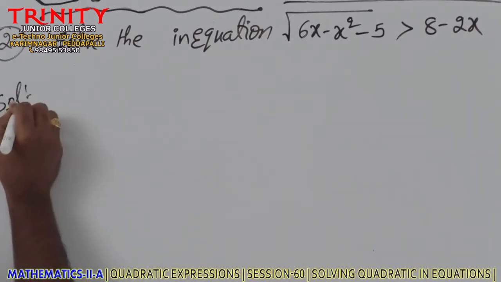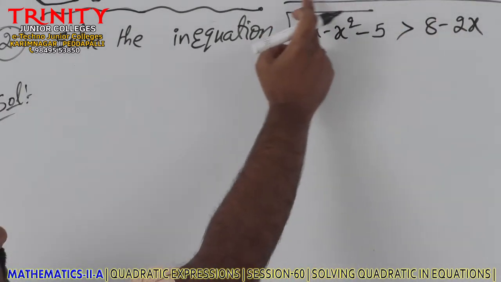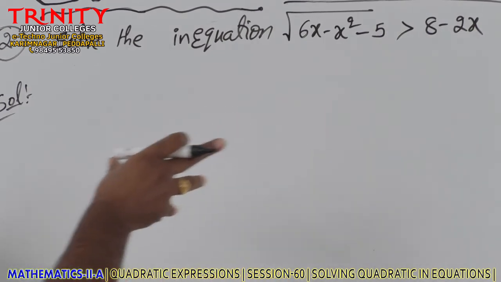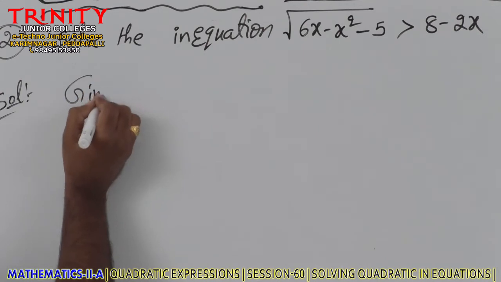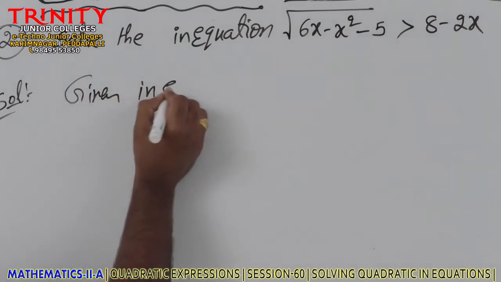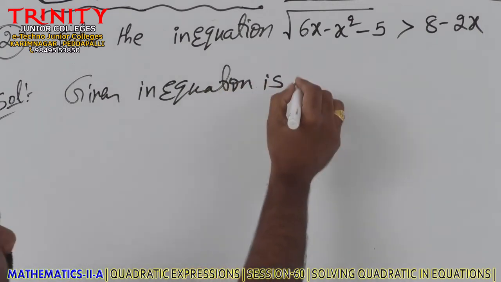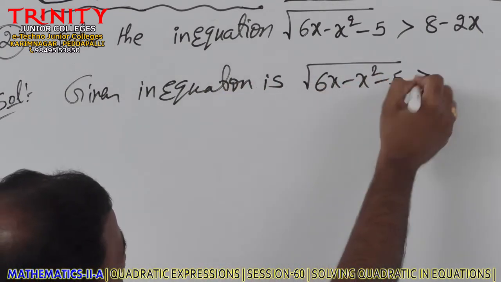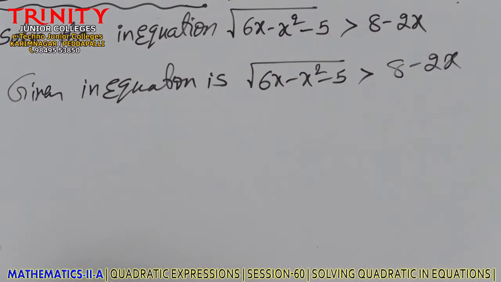Solution. First, is this inequation defined? The root of 6x minus x square minus 5 must be greater than or equal to 0 or not. The given inequation is root of 6x minus x square minus 5 is greater than 8 minus 2x.